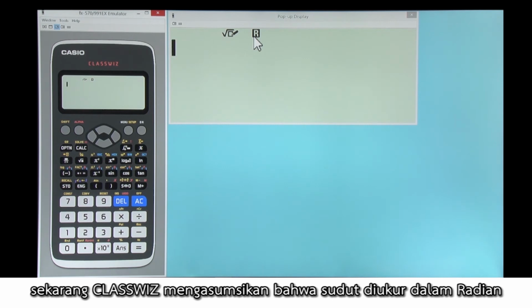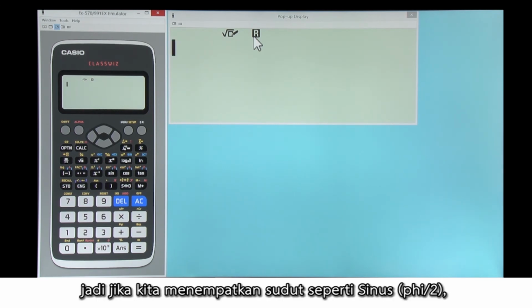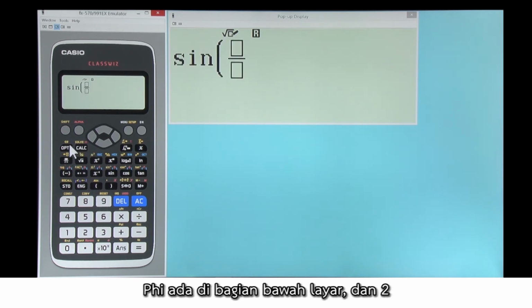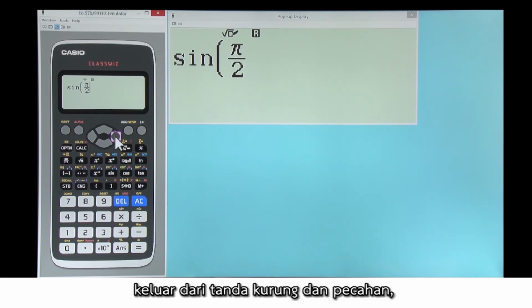Now the ClassWiz assumes that angles are measured in radians. So if we put in an angle like the sine of pi over 2, pi is down the bottom of the screen, and 2, move out of the bracket, out of the fraction.